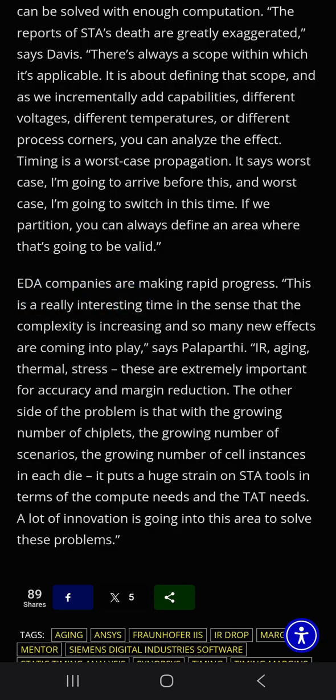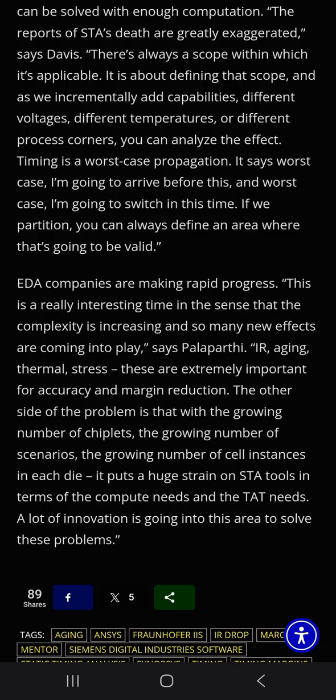EDA companies are making rapid progress. This is a really interesting time in the sense that the complexity is increasing and so many new effects are coming into play, said Palapati. IR, aging, thermal, stress. These are extremely important for accuracy and margin reduction.